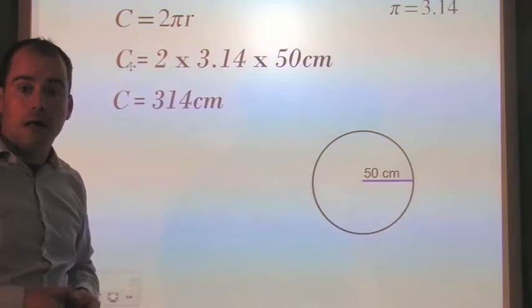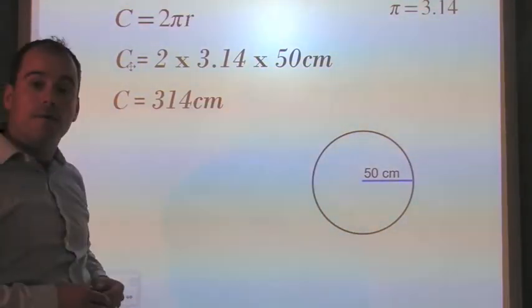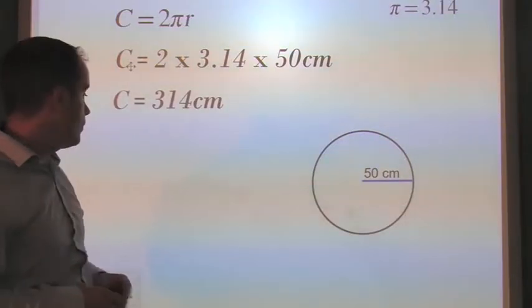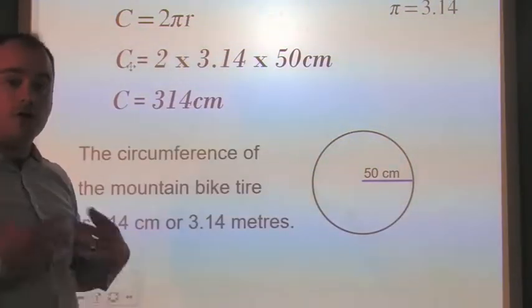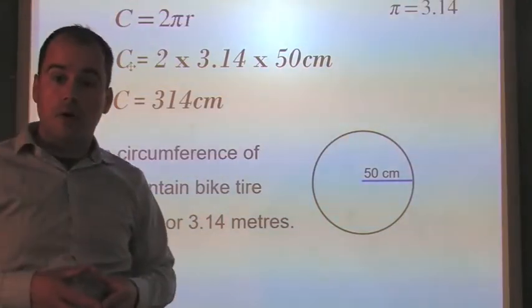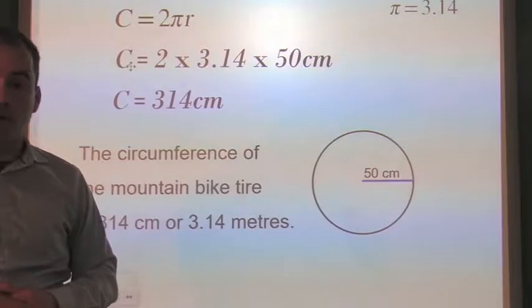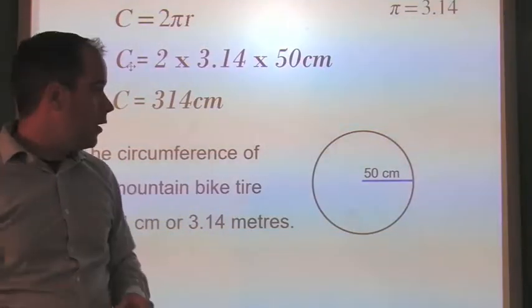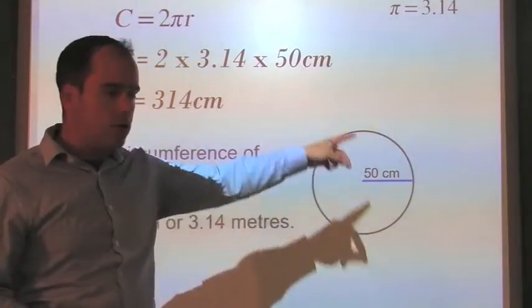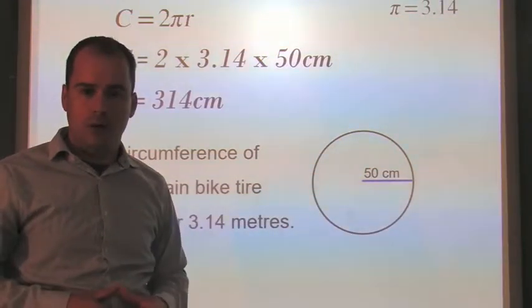When we calculate that, we find the circumference of this circle is 314 centimeters around. So the circumference of the mountain bike tire is 314 centimeters, or 3.14 meters. Every time that tire goes around once, it travels 3.14 meters.